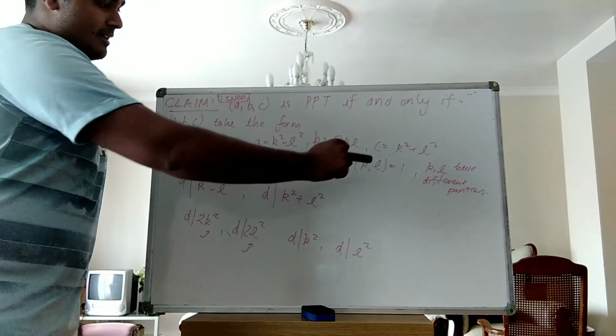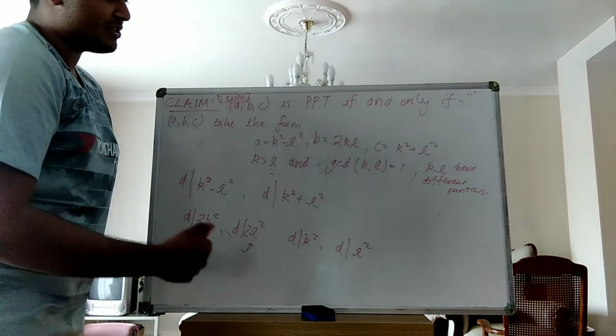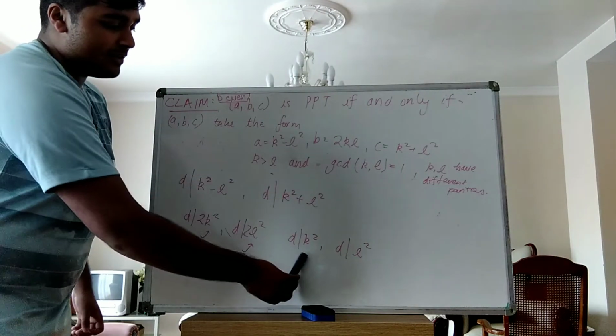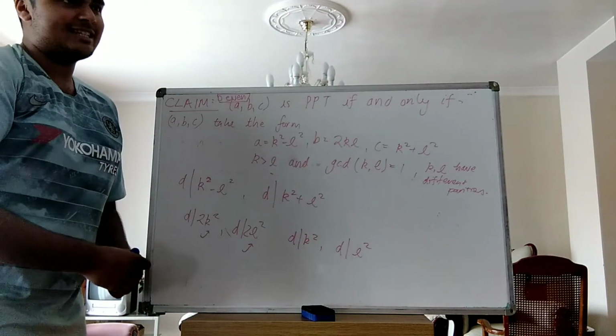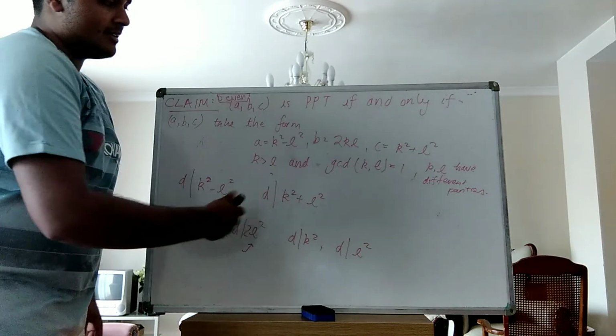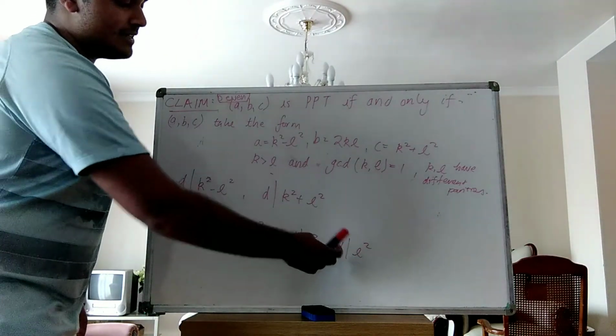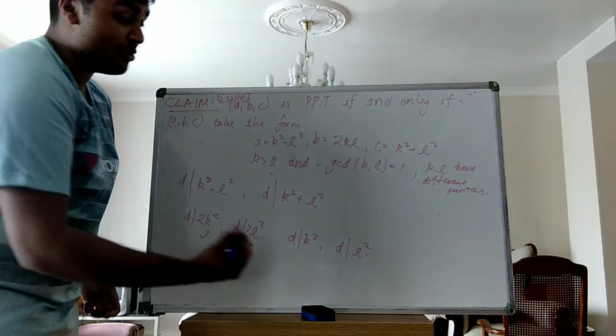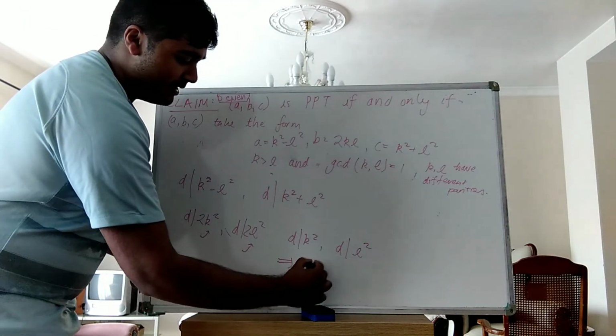Now we're going to use their greatest common divisor. We want to show that because their greatest common divisor is 1, we know that the greatest common divisor of their squares is 1. D divides K squared and D divides L squared, but because K and L are coprime, it means that K squared and L squared are coprime, which means that D must be 1.